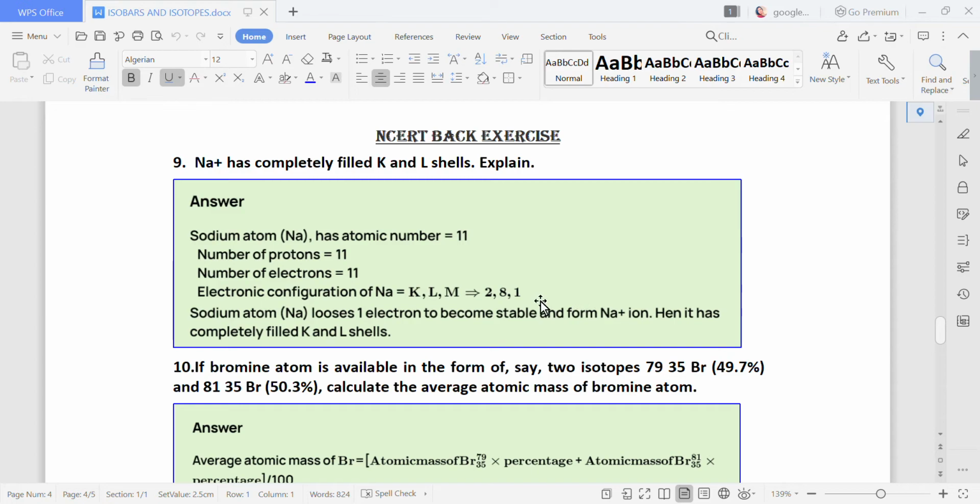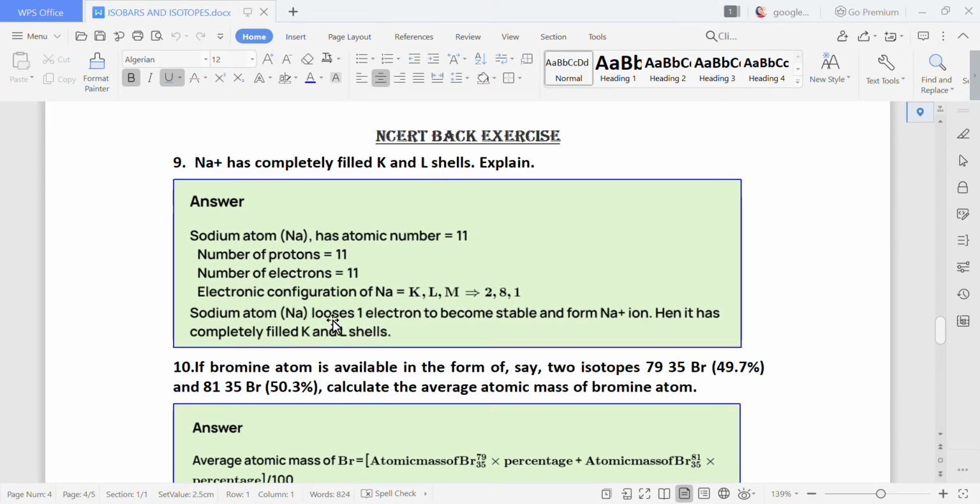Taking 7 is not easy, because no one will give 7 electrons, and it would expend a lot of energy. So sodium better gets rid of this one electron, and when it gives out this one electron, its outermost shell will be the L shell, which is having 8 electrons.